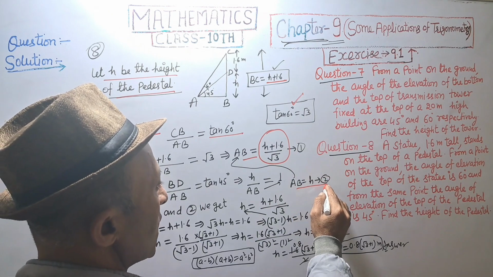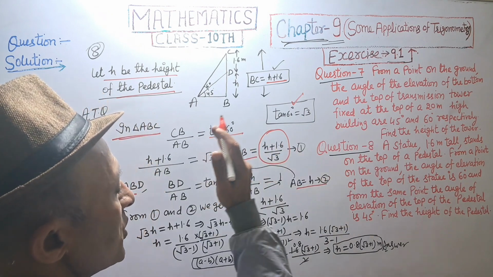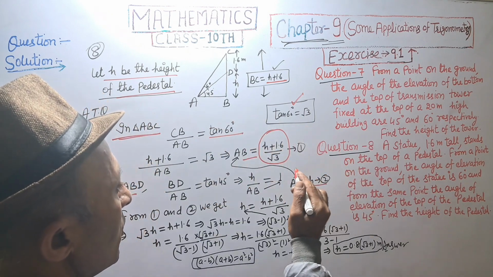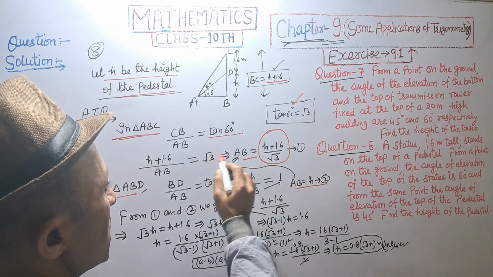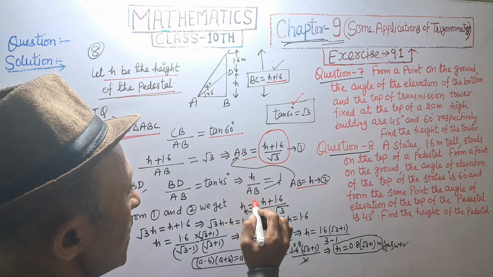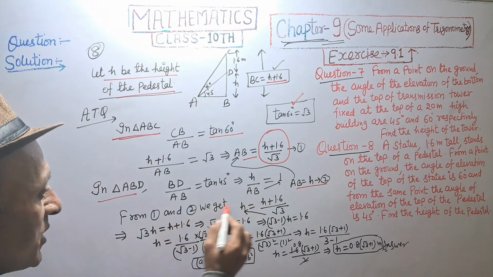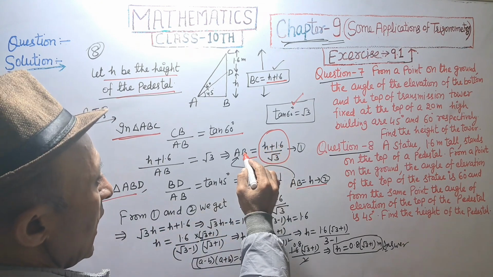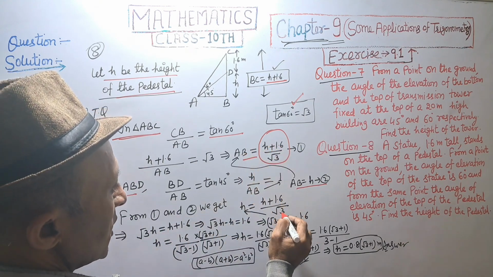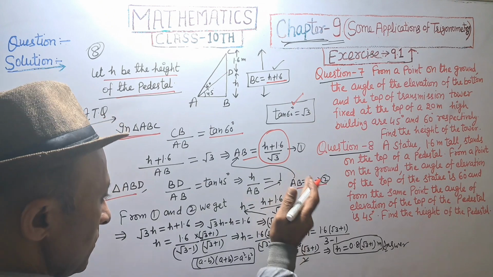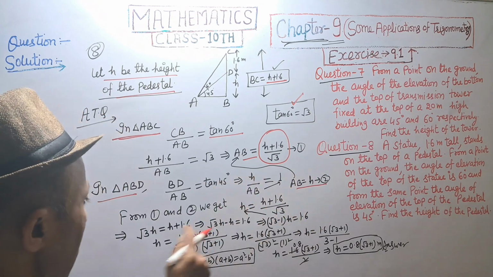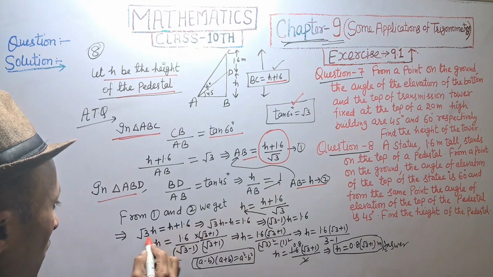It's equation number second. And from equation first and second, we get AB is equal to h. Put in equation first, h is equal to h plus 1.6 divided by root 3.